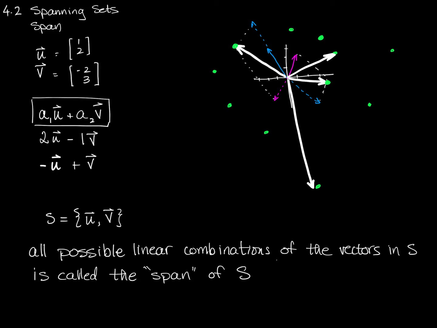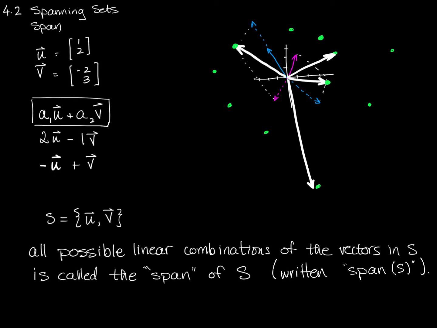And we write that as span S. It almost looks like function notation. Now, it's worth noting that this span of S is itself a collection. It's a collection of all the linear combinations of those two vectors.